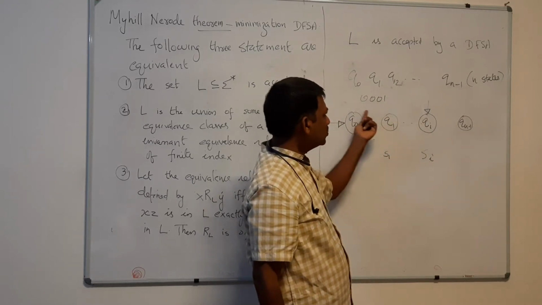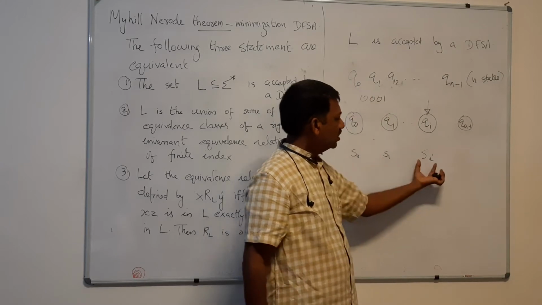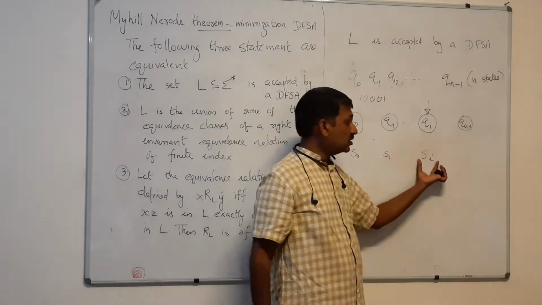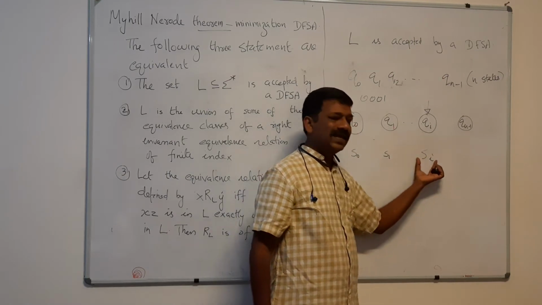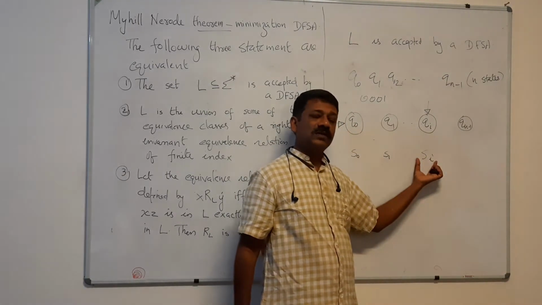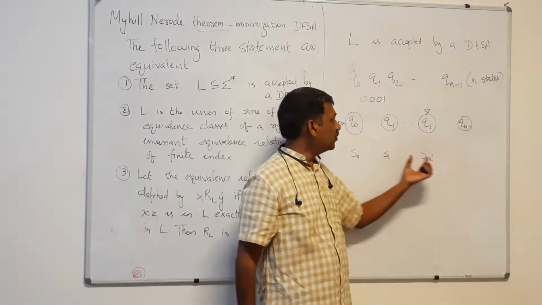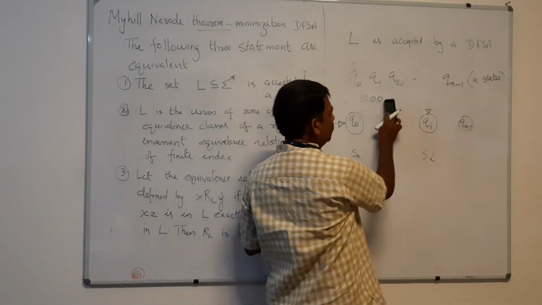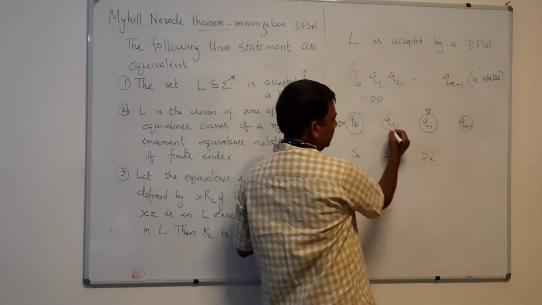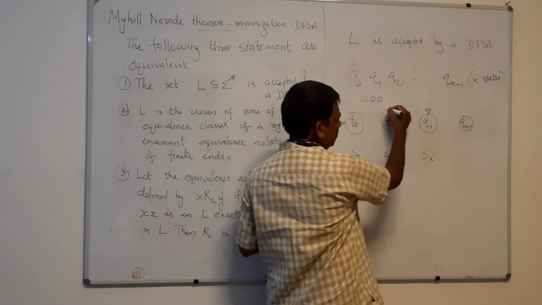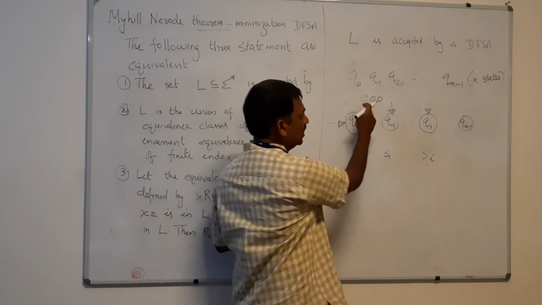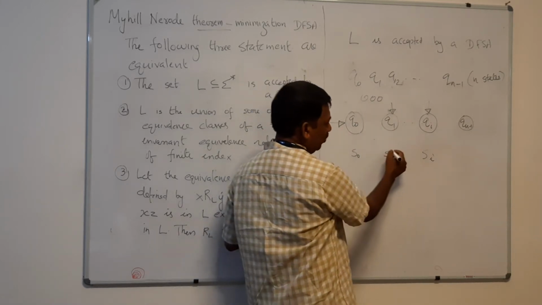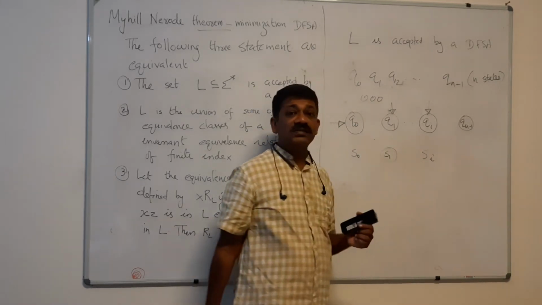Then 0, 0, 0, 1 is a member of the equivalence class represented by Si. Suppose that on accepting 0, 0, 0, it reaches q1. What is the meaning of that? This input string 0, 0, 0 belongs to the equivalence class S1.